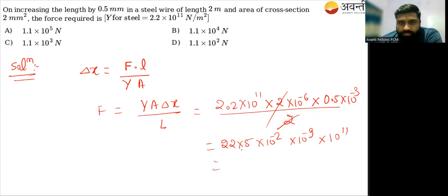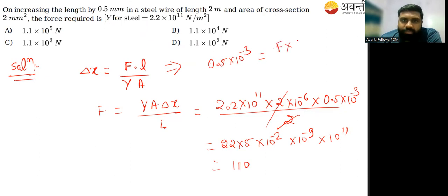So if you multiply it, 2.2 times 0.5 will become 1.1, and the powers add up. Now, one thing that we are missing here, what are we missing? Just let me put the value here, just a second. So delta L is 0.5 into 10 raised to the power minus 3 meter.